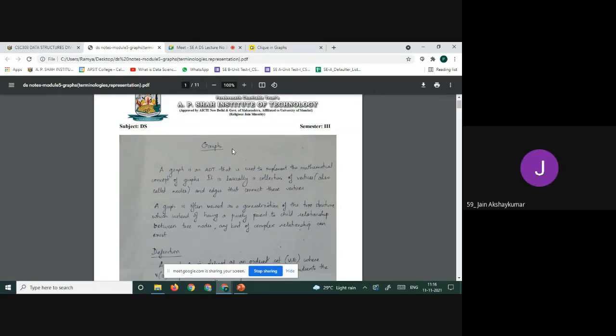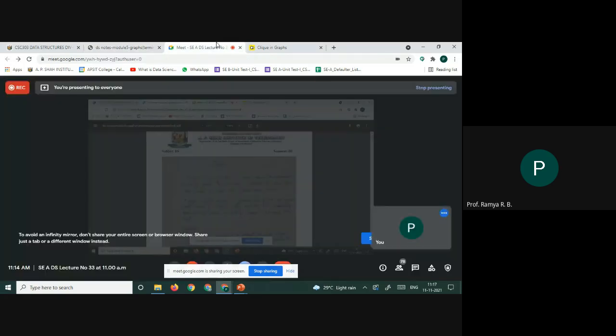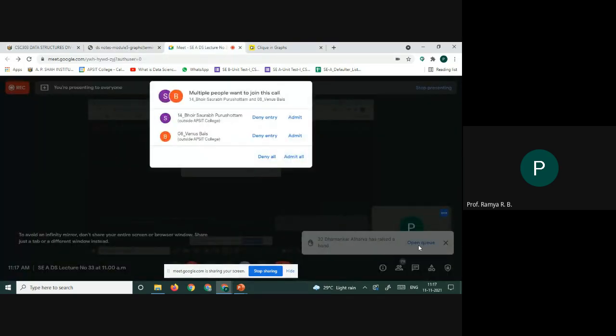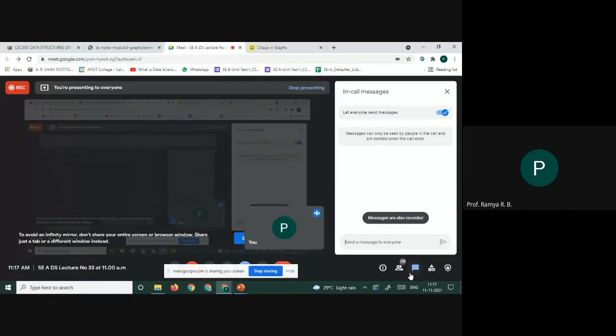All trees are graphs. That means all graphs are not trees. Is it like that? You decide. I'm not going to give you the answer. How many of you say that all trees are graphs? Okay, let me see the chat window. Give me the answer on the chat window.